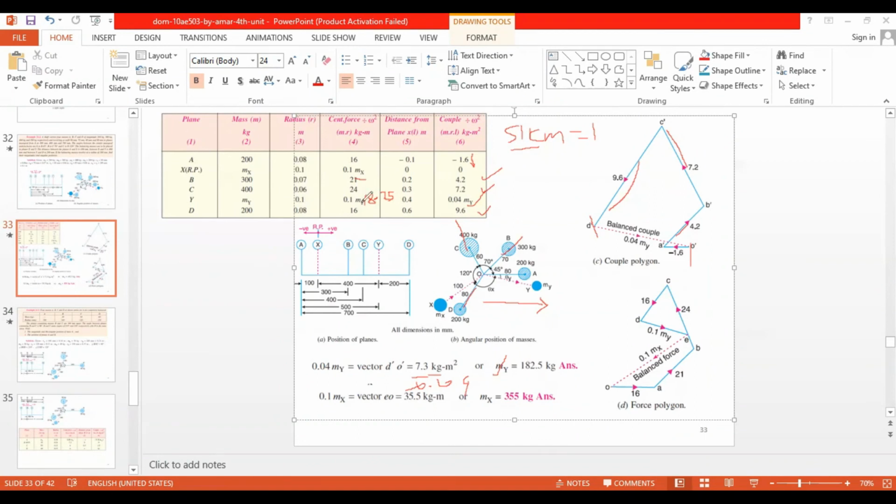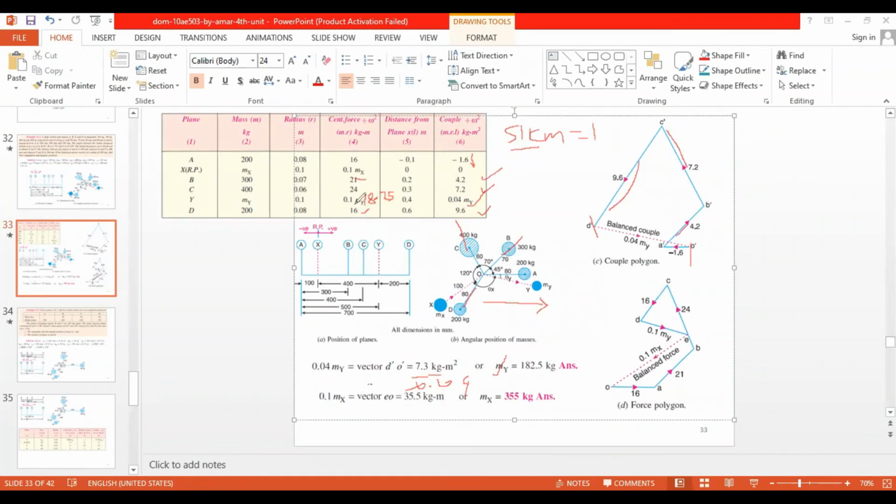Before that, I have another 16, that is from C to D. This is the plane which we are going to balance. So we will go A, B, C, D, then we will come for the unbalance. So C to D, in this direction, that is 16. This value is 16.